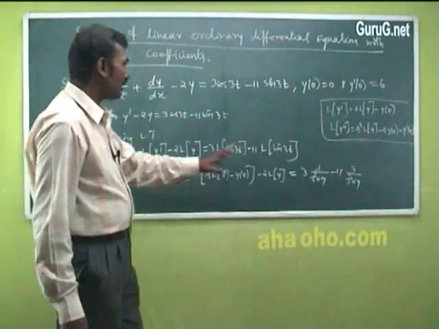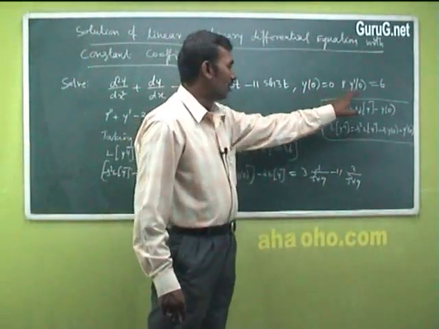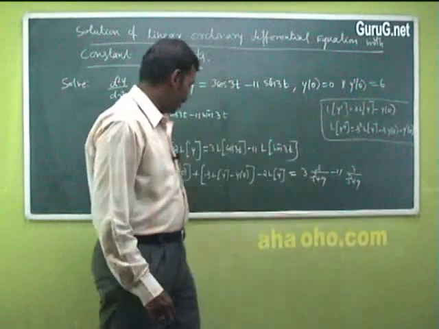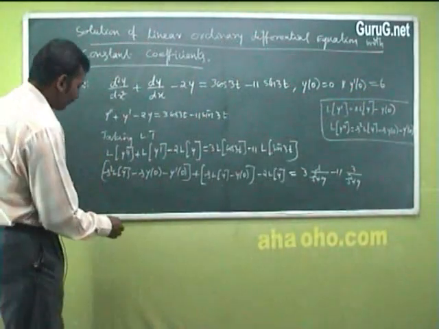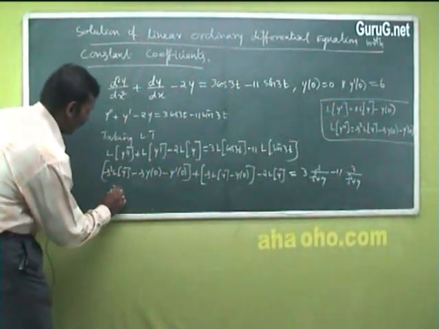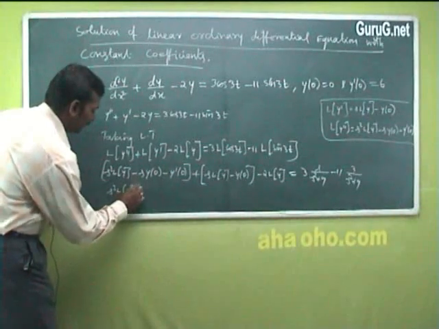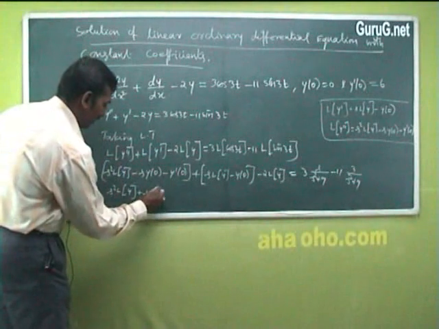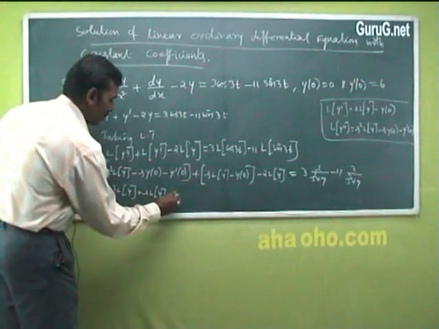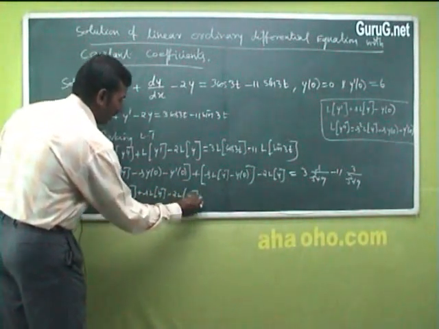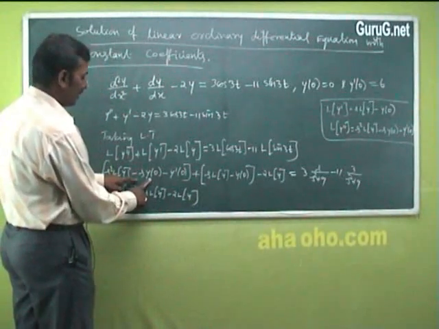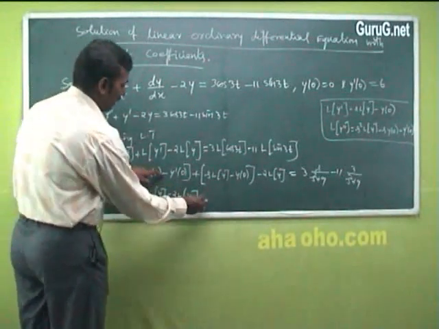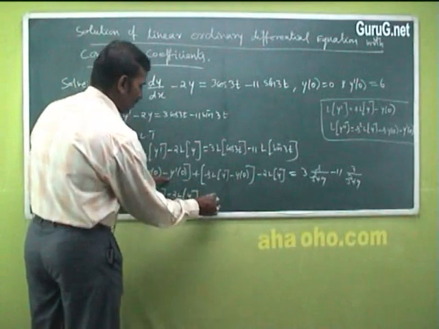Now substitute the initial conditions. y of 0 is 0, y dash of 0 is 6. Replace: s squared L of y, keeping L of y alone, plus s into L of y minus 2 into L of y. What is the value of y of 0? 0. Now this becomes 0. Minus y dash of 0, which is 6, right?